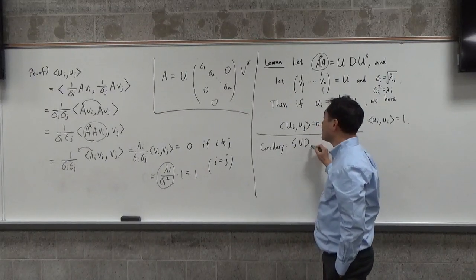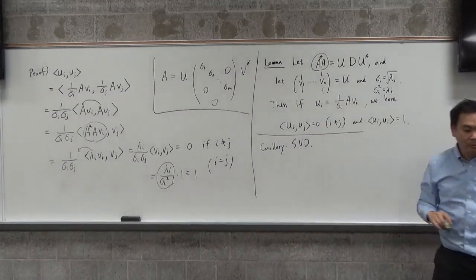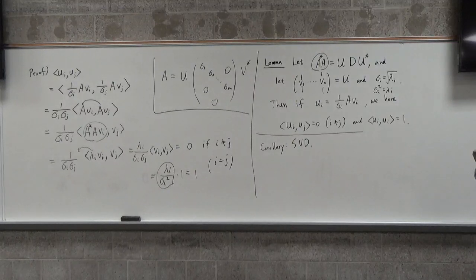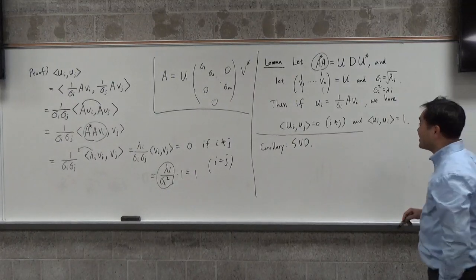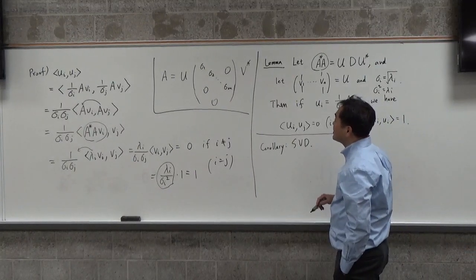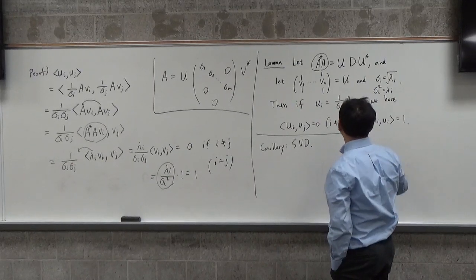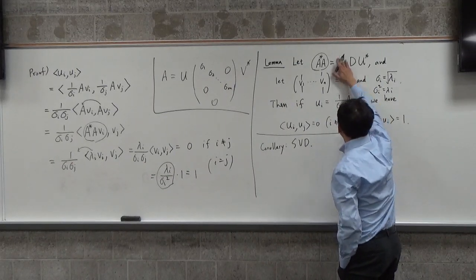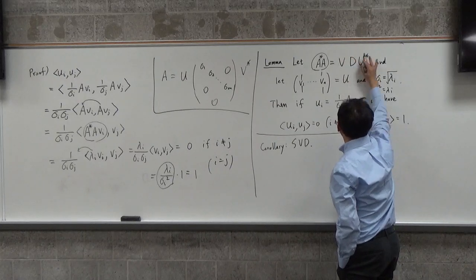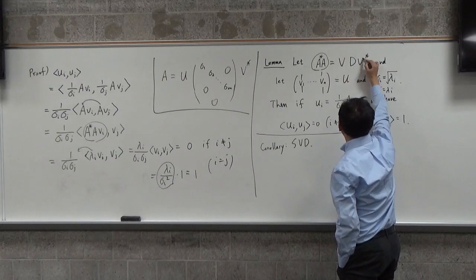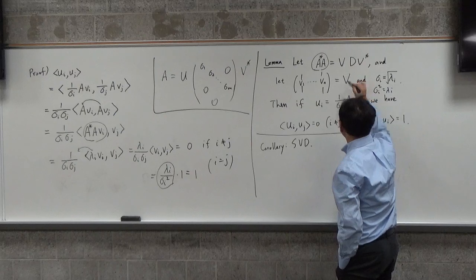Corollary is SVD because what we now do is, oh, I should have named this as V. Sorry. That's what we have.